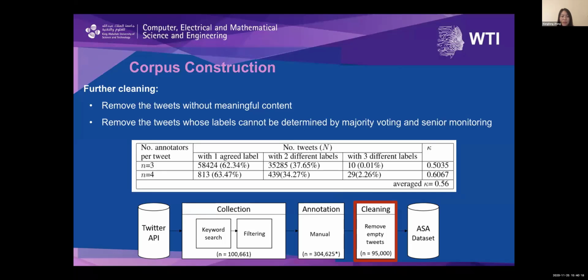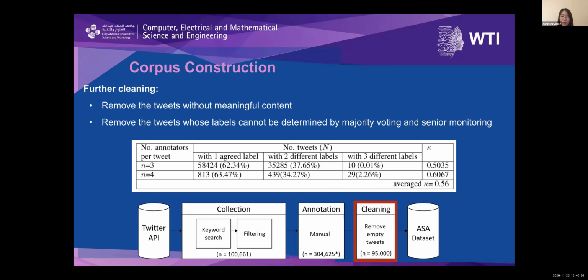So we finally have 95,000 tweets that are really meaningful, with long enough content for the machine learning or deep learning model to work on. So this is our data set.